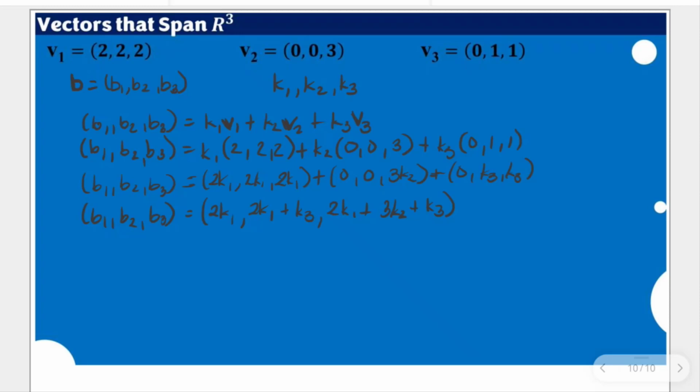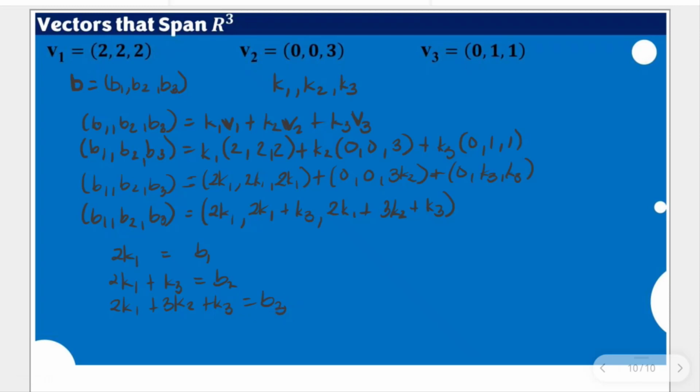Since they are equal vectors, I could say that 2k sub 1 is b sub 1, 2k sub 1 plus k sub 3 is b sub 2, and 2k sub 1 plus 3k sub 2 plus k sub 3 is equal to b sub 3.